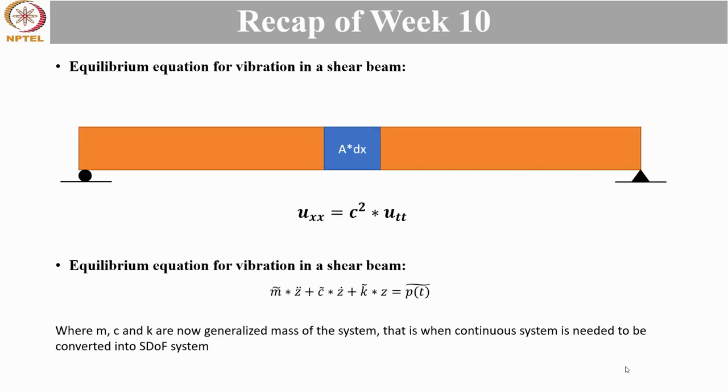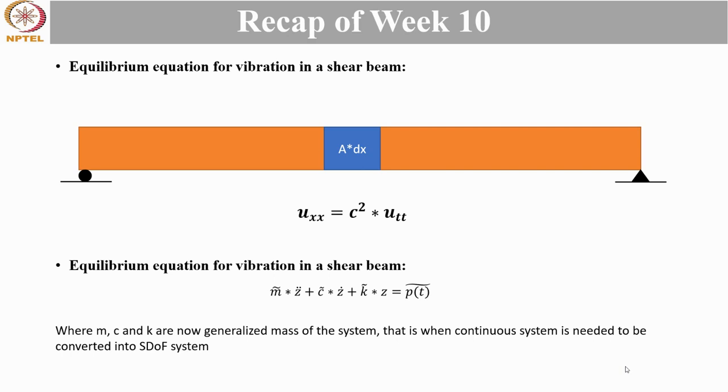Since the mass is uniformly distributed along the length in a continuous system, we saw the example of a beam under shear action. Herein, we first dealt with the governing equation for its motion, and later derived the dynamic equilibrium equation for it. In this equation, instead of the normal mass, damping factor, stiffness coefficient, and force, we have generalized parameters.